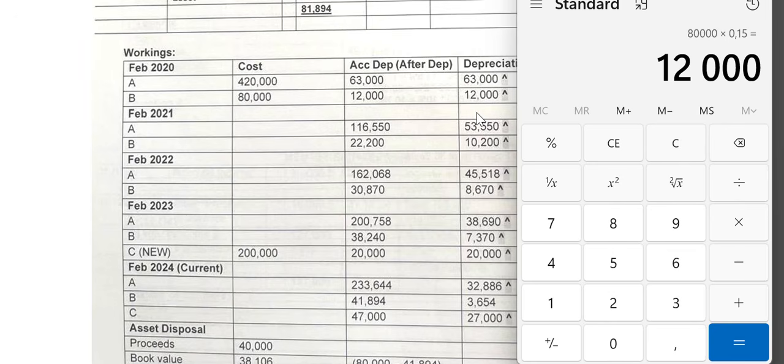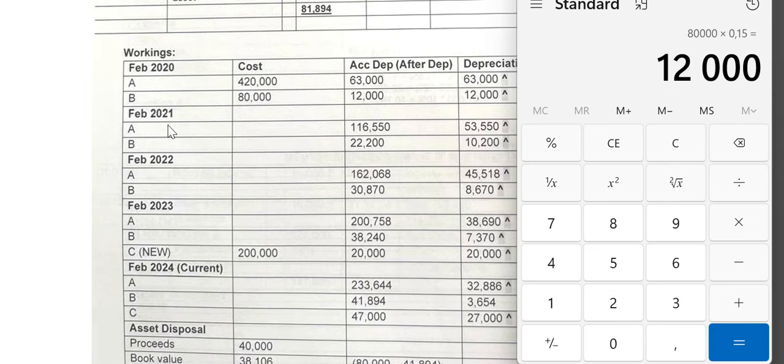So in year one, at 15% per annum, using the reducing balance method, the depreciation for equipment A was 63,000 and equipment B was 12,000. Now if you balance the accumulated depreciation, seeing it's year one, that is the only depreciation to date. So for A it will be 63,000 and B 12,000.